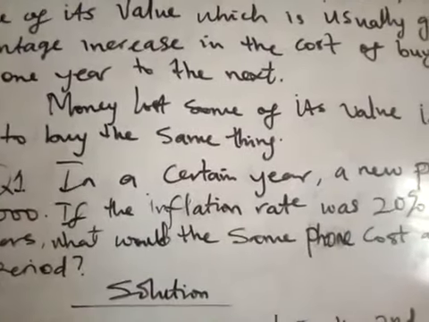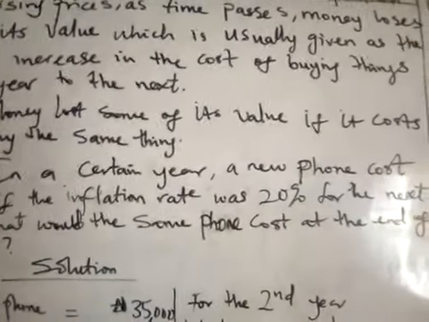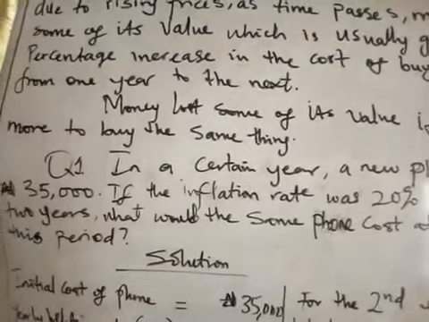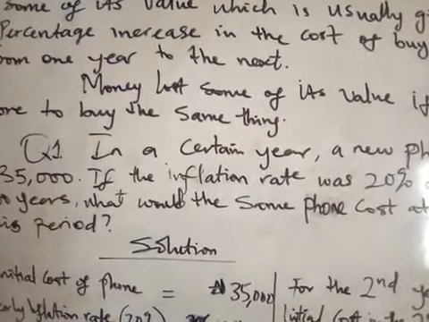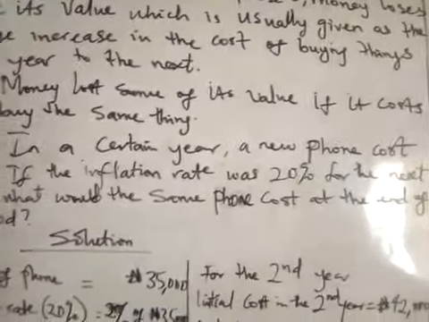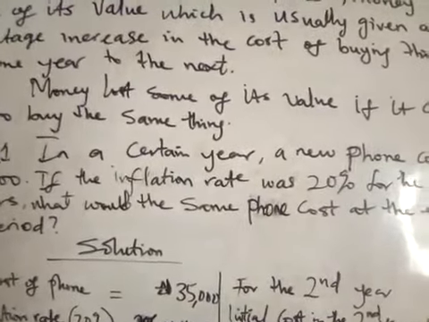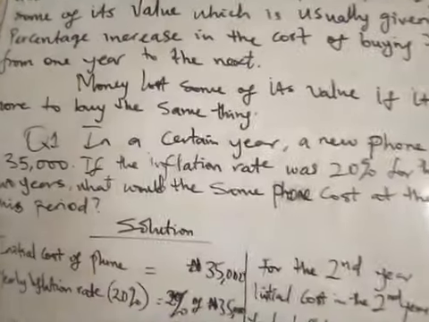So in a certain year you bought a phone for 35,000 naira. Now, since we are having 20% inflation rate for the next 2 years, what will the same phone cost at the end of this period?